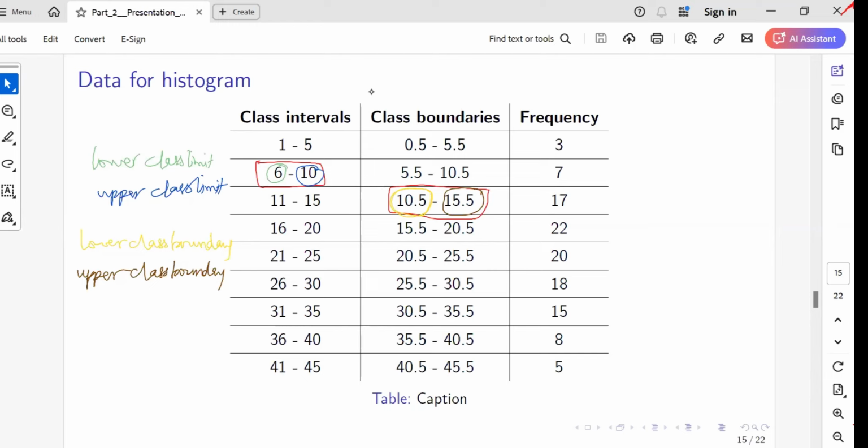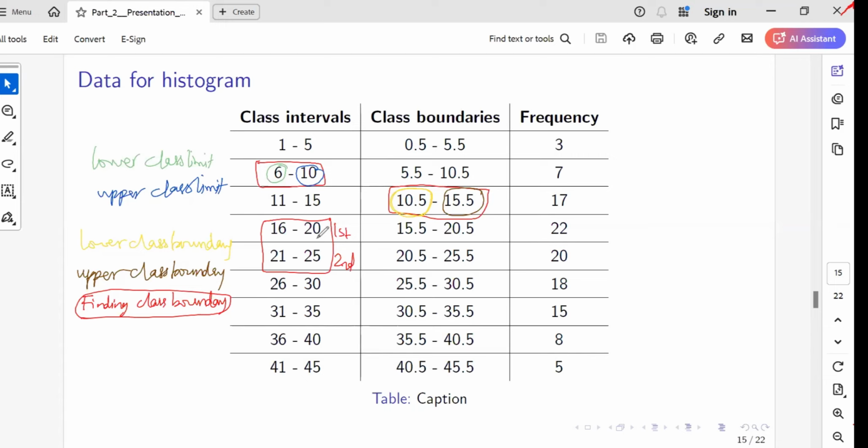Now, I want to show you how to calculate the class boundaries. How do you find class boundaries? To find class boundaries, I'll choose any two class intervals that follow each other like this. This is my first one. This is the second one. Now, I'll consider the upper class limit of the first one.